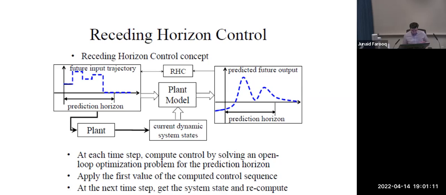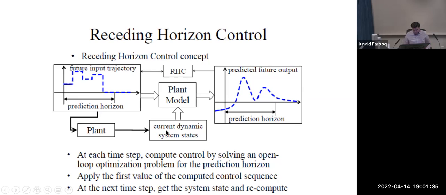So the block diagram looks like the following. You have a horizon which you use for prediction of both the input and the output. What it means is, using the current input, you provide that to the plant.